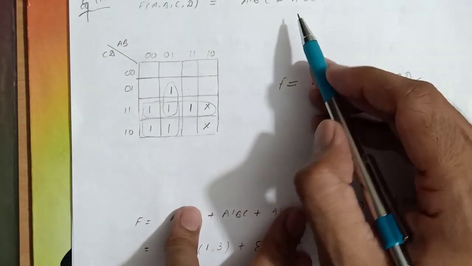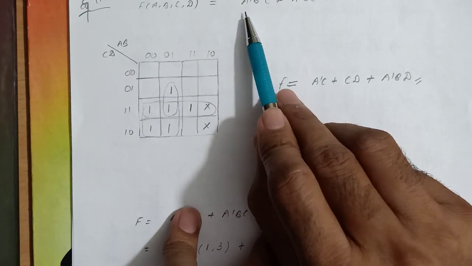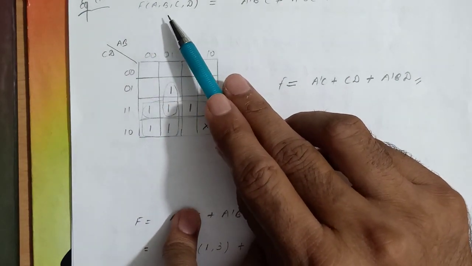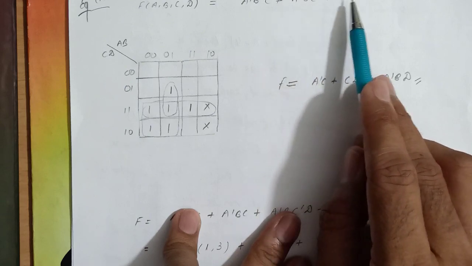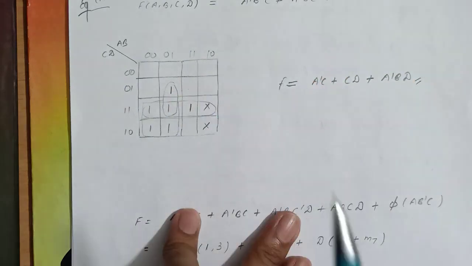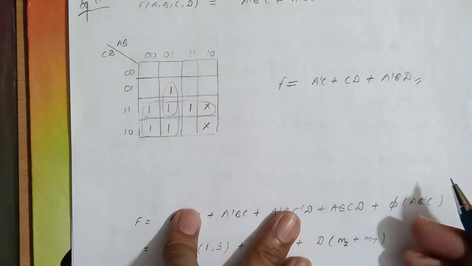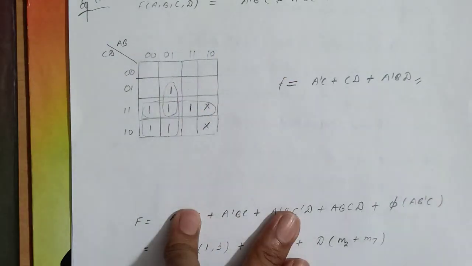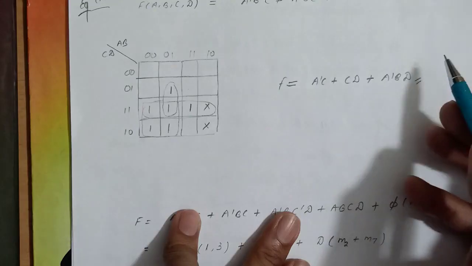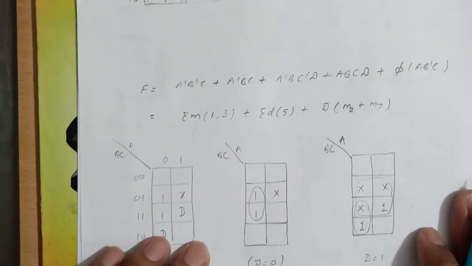Here in this question, this is a function of 4 variables, so we can easily solve it using a 4 variable K-map. But how can we use a 3 variable K-map in order to simplify this 4 variable function? Now we will learn what the MEV method is.